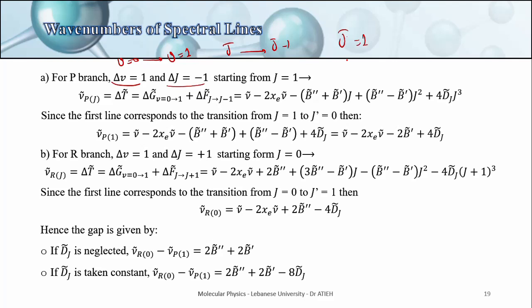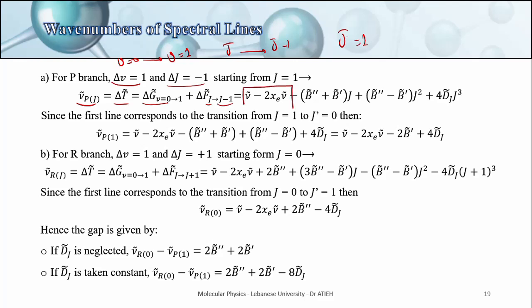So the first transition is from J=1 to J=0. So nu bar P, which are the wave numbers corresponding to the spectral lines of the P branch, is equal to delta T, which is equal to delta G for a transition from the vibrational level 0 to the vibrational level 1, plus delta F for a transition from the rotational level J to the rotational level J minus 1.